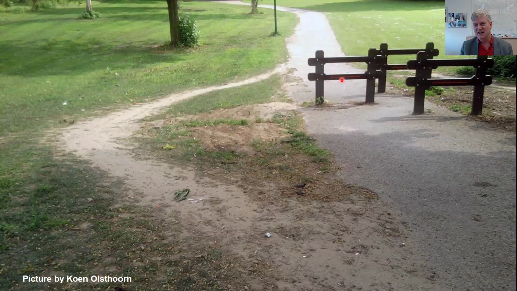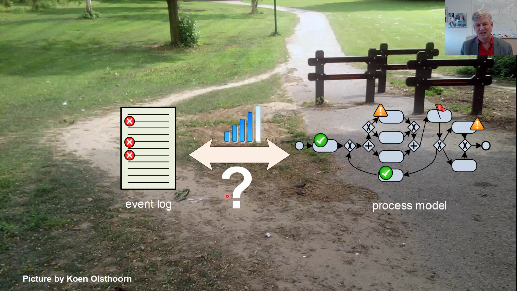So this is there with a good reason. Sometimes information systems are trying to enforce such business rules, compliance rules, but in reality this is happening. So here we see a difference between the model and the event log.